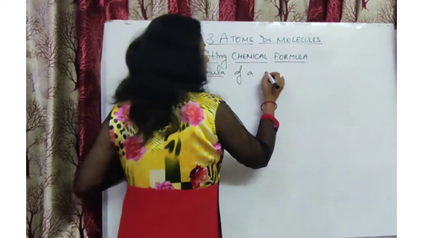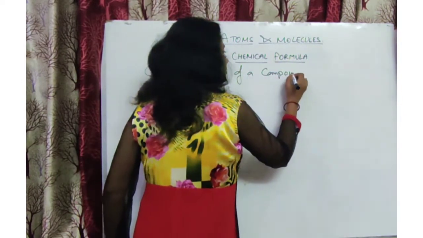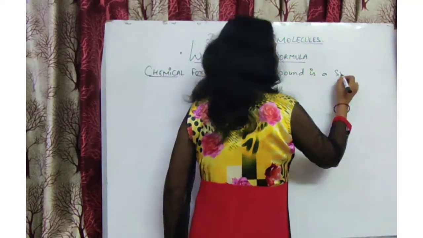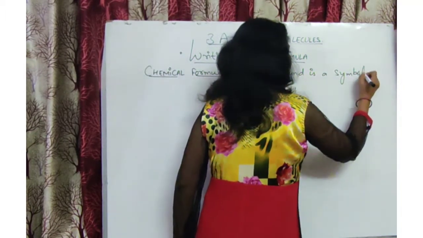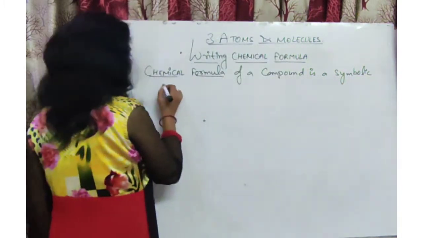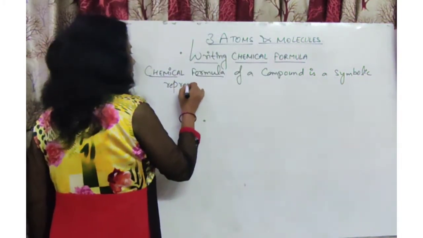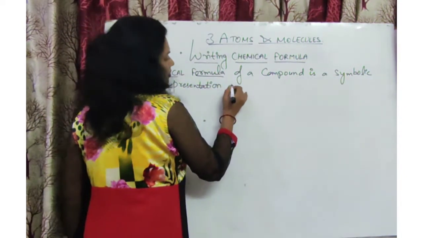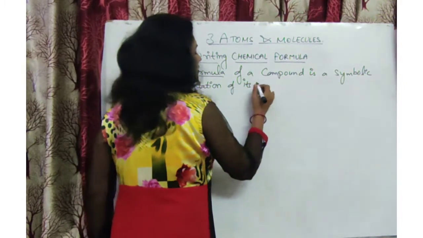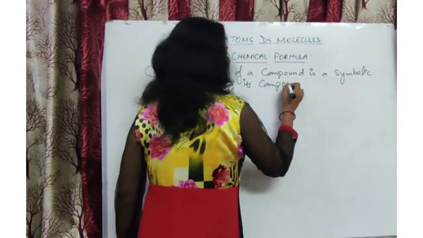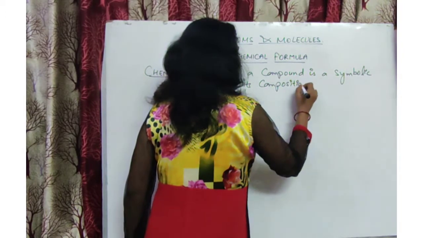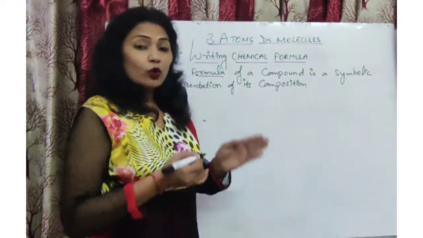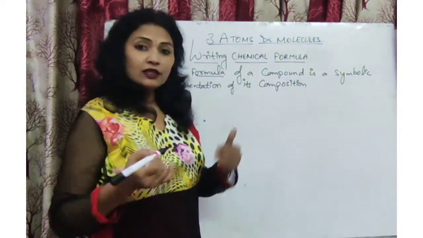of a compound is a symbolic representation of its composition, which means we can be aware of what the composition of that compound is.